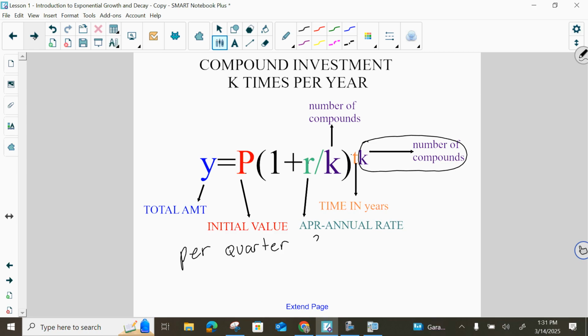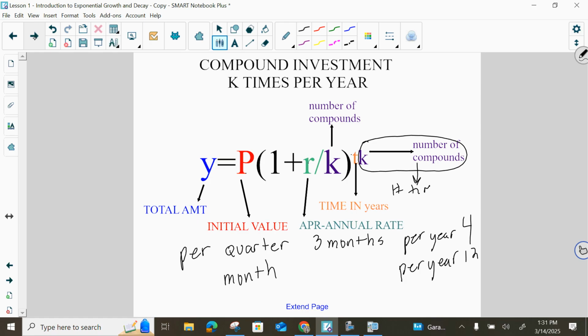So per quarter means 3 months, which means per year, it calculates interest 4 times. I know my checking account does it per month. So per month would be 12 times per year. So that K means the number of times per year.